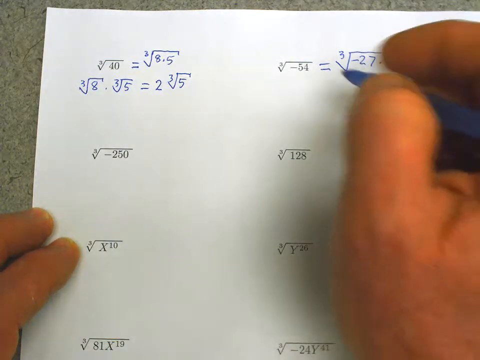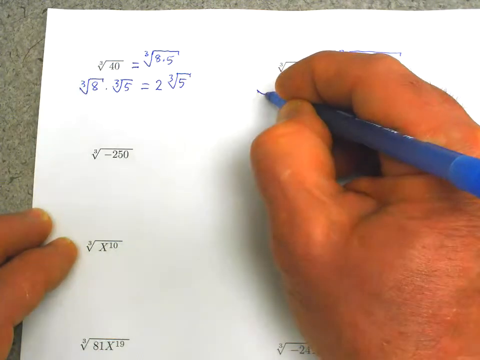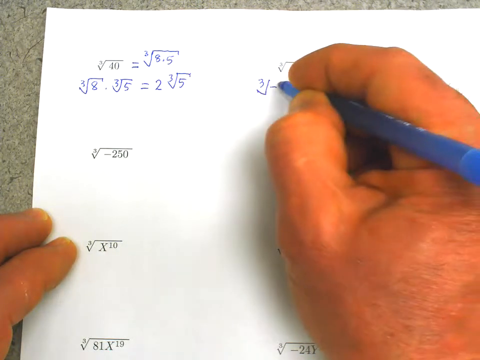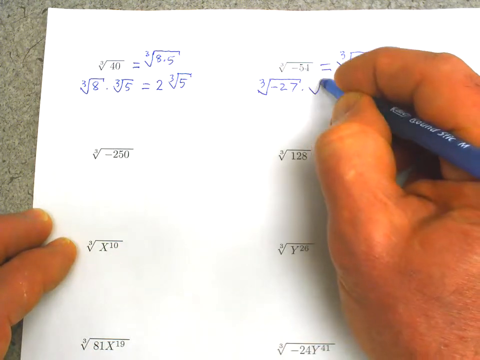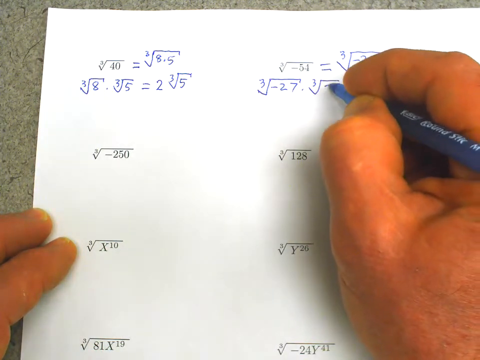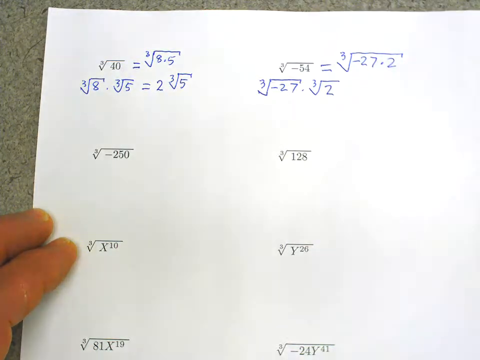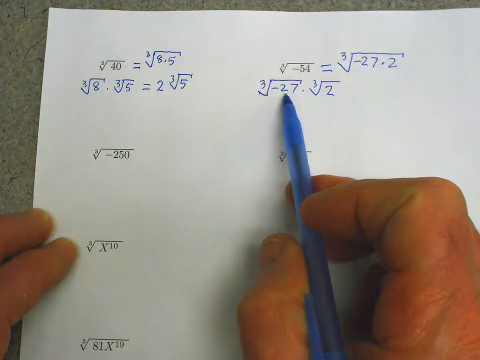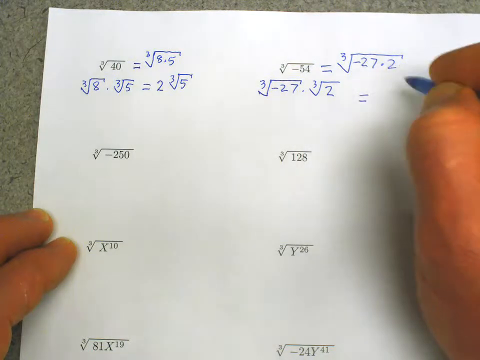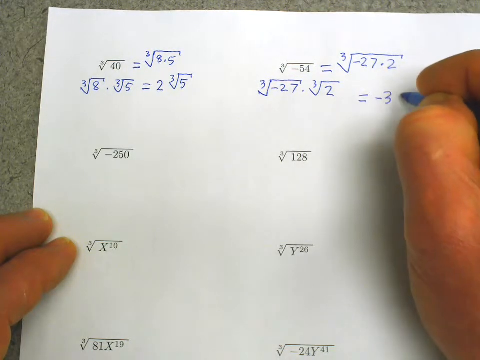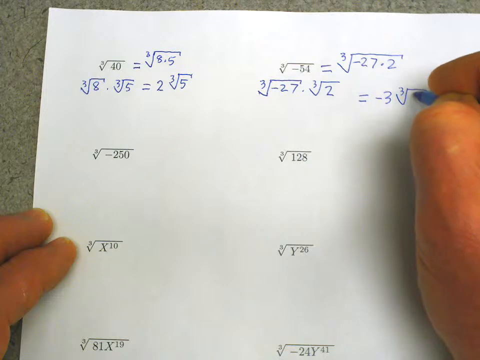And then we'll write it as a product of cube roots, the cube root of negative 27 times the cube root of 2. And then the cube root of negative 27 is negative 3. So this simplifies to negative 3 times the cube root of 2.